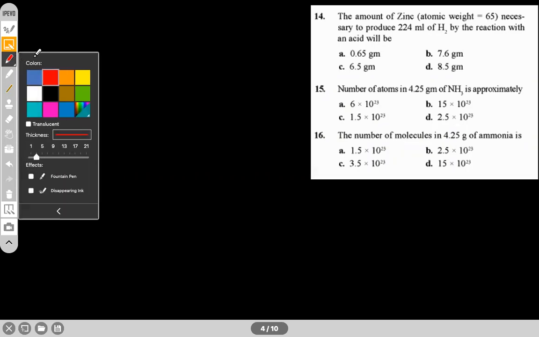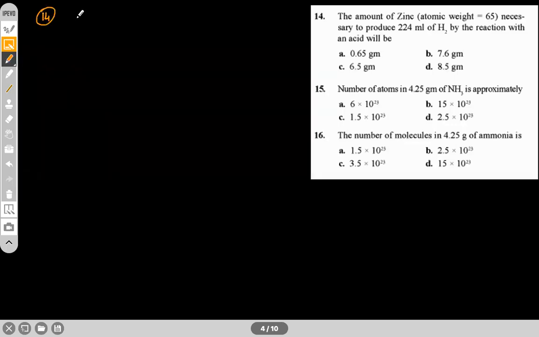So question number 14. The first thing is what? Assumption is STP. We are assuming standard temperature and pressure.